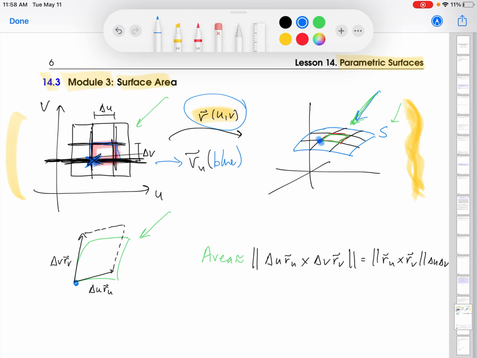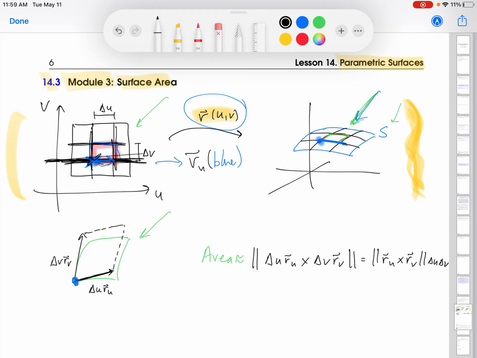And that's going to give me information about how the surface is changing in that direction over here on the surface along this grid curve at the blue point.